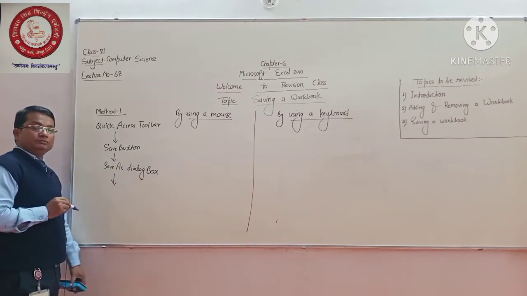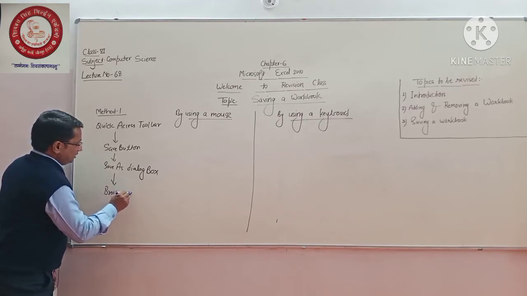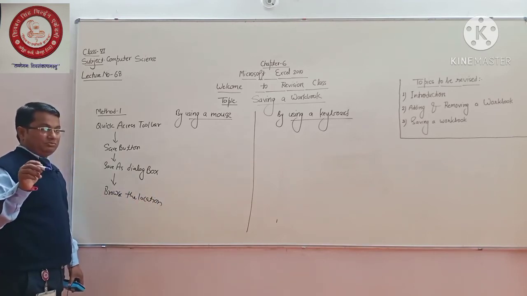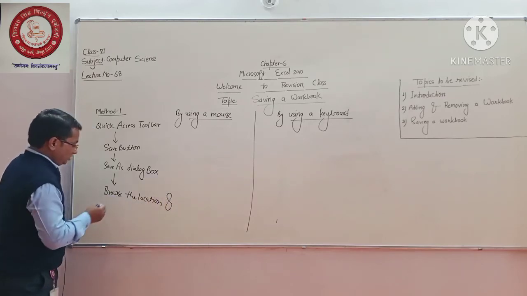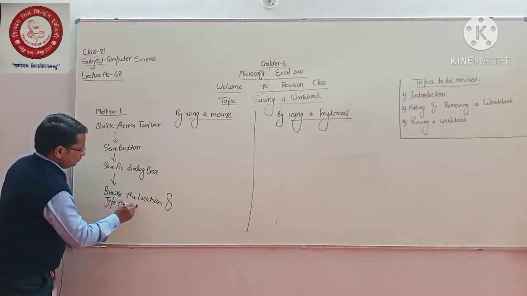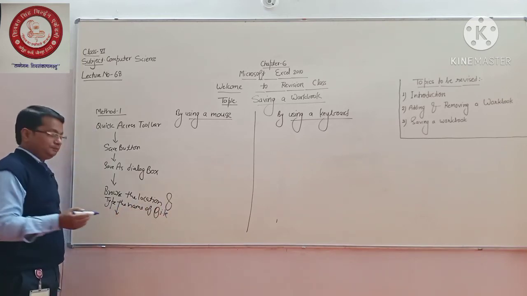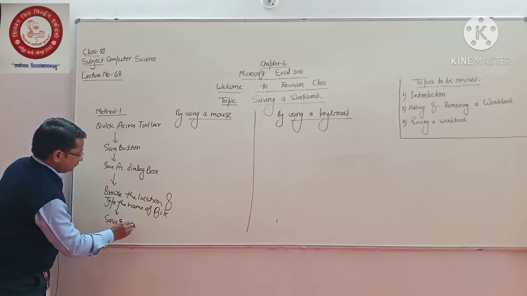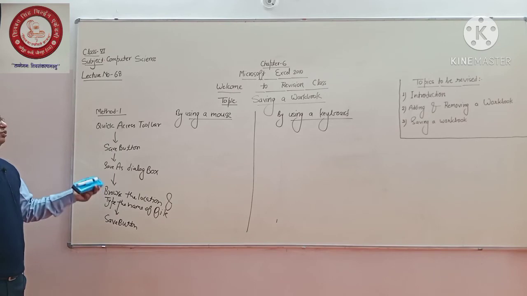Here, browse the location where you want to save, giving a specific location for your file. After browsing the location, type the name of the file. And finally, just press the Save button. So you can use it by using the Quick Access Toolbar.